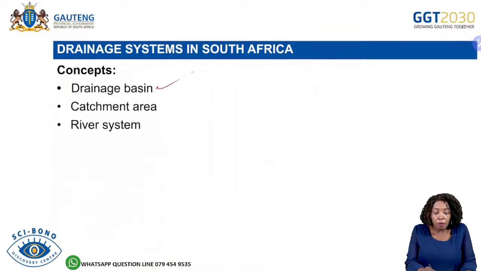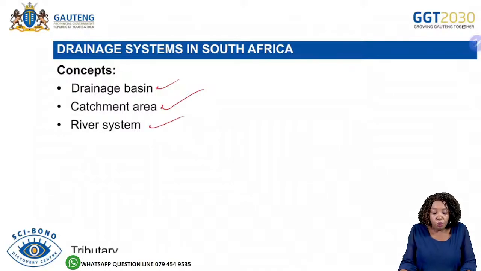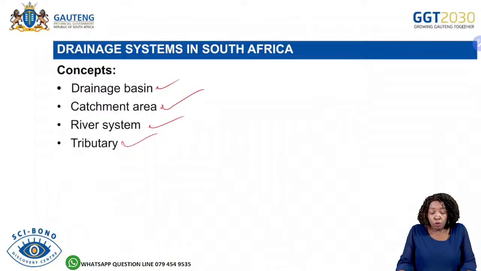Okay. The concepts that we are going to look at in this lesson: we're going to look at what a drainage basin is, and river system, catchment area. We're also looking at the concept of what a tributary is, and we should also be able to identify all these on the diagrams or pictures.